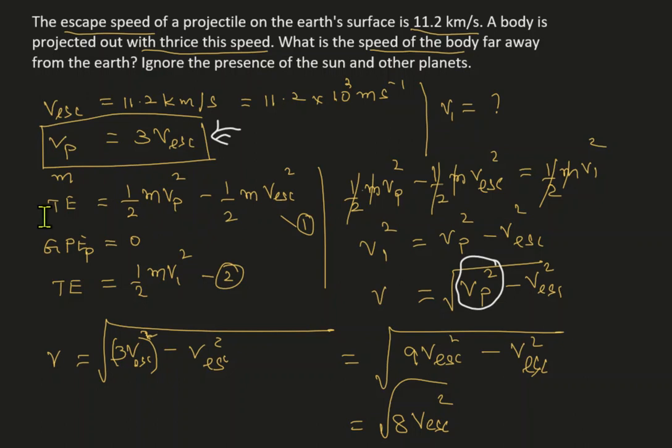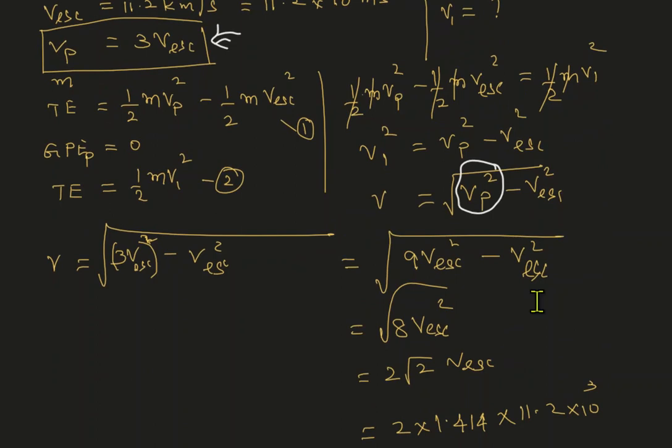The net energy should be taken as total energy, and in other case the total energy of the projectile far away from the Earth. The gravitational potential energy is 0. Therefore we have to consider only the kinetic energy. So according to this, the total energy is this one. We can compare these two equations and arrive at all these things. So removing the common terms, we are able to get the velocity v1. Actually this is v1.